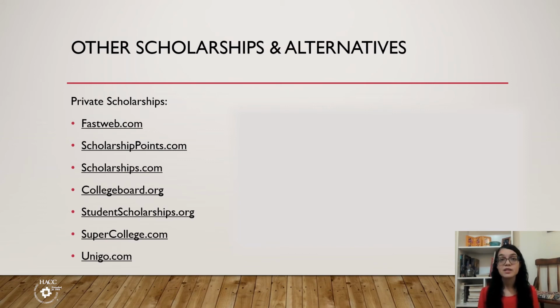Other alternatives would be loans if you wanted to use student loans. The FAFSA offers federal student loans and also a federal Pell Grant, but if you were not eligible for those loans or if you needed additional loans, PHEAA also offers student loans. You'll go to the same link, same website, same area, and you'll see the student loan options.